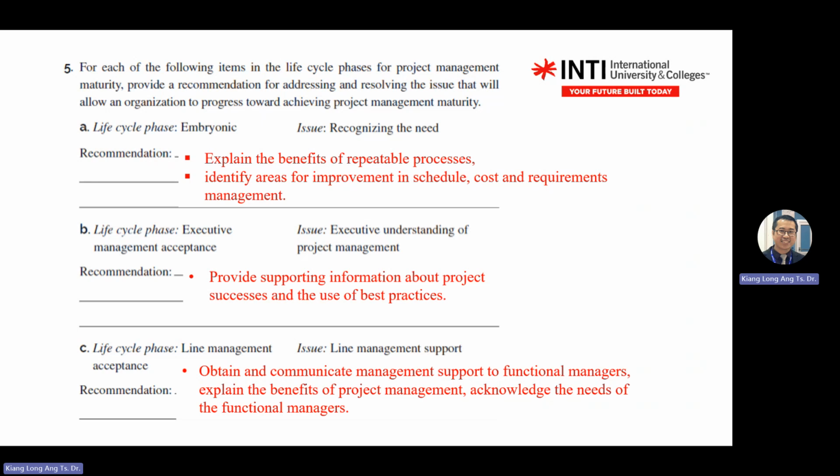Because FMs manage resources and prioritize. They give different priorities. If they feel there's no need, then they will put you at the bottom of their operations list. They give priority to other projects first. And if the sponsor feels no need, you also won't have enough resources. They won't pump in money for you, right? And when you, the PM, and the FM are fighting in conflict, the word conflict is in the exam.